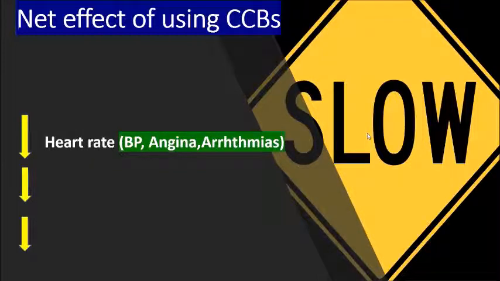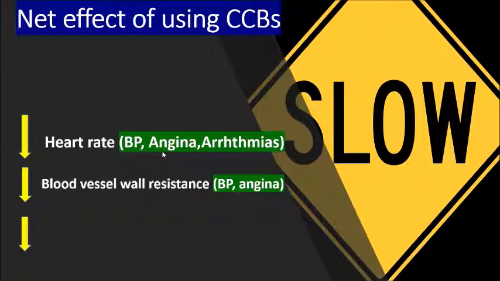And if you remember, it's used for blood pressure and angina and other things, as we said. So the blood pressure goes down. Angina is basically a plaque which forms in the arteries, the coronary arteries. So you reduce the need for more oxygen and blood supply to the heart.